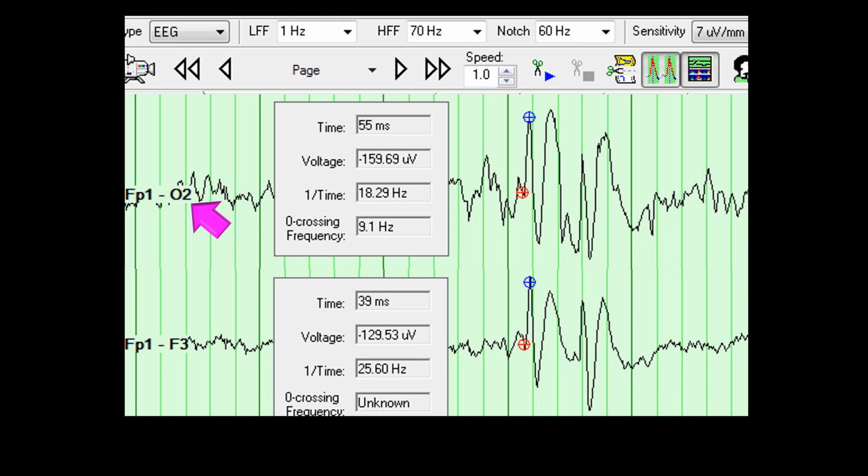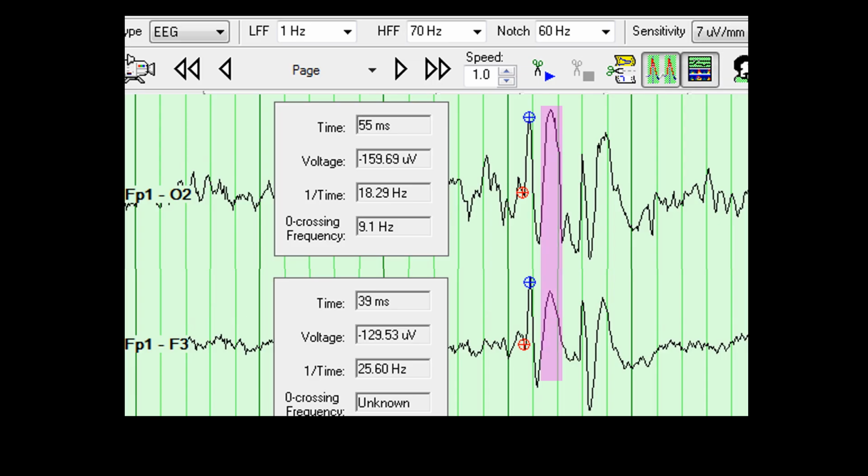The one on top is FP1 to O2. The one on the bottom is FP1 to F3. I put both together to show you some important differences related to distance. You can see that the first spike amplitude is higher in the FP1 to O2 channel than in the channel using the derivation with electrodes closer together.